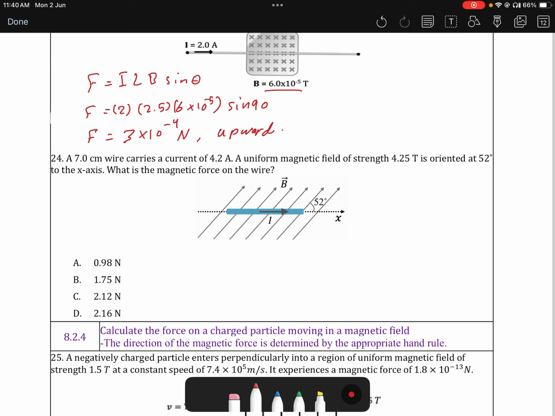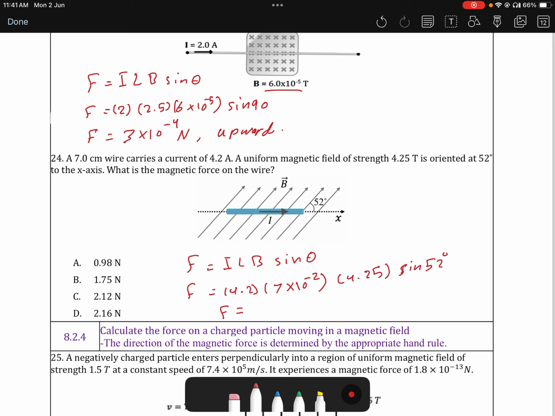Next question, we need to find the magnetic force. We will use the same formula, F equal I L B sine theta. The current is 4.2, L is 7 centimeters, so multiply by 10 power negative 2, multiply by B, which is 4.25, sine 52, the angle.